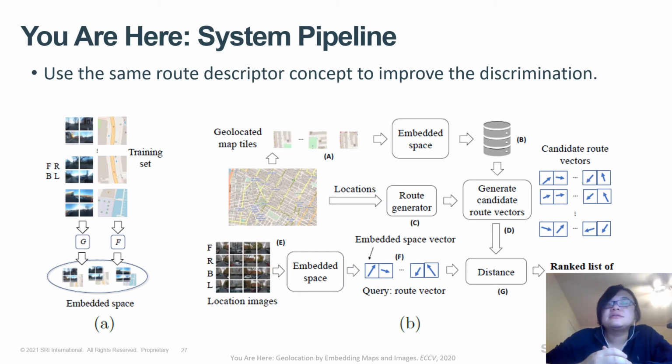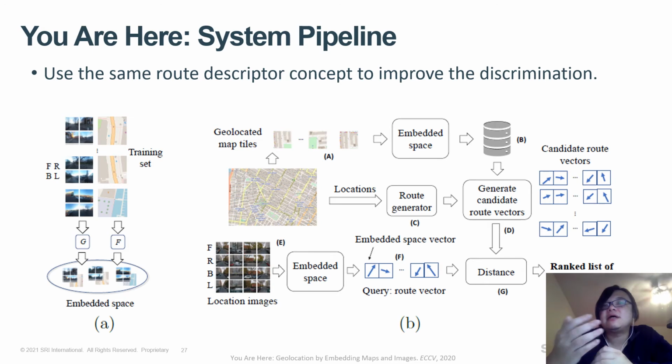Then the authors use the same route descriptor concept to connect the embedded space vectors to improve the power for geolocalization. By connecting the different descriptors along the route, it can improve the performance of searching the database.